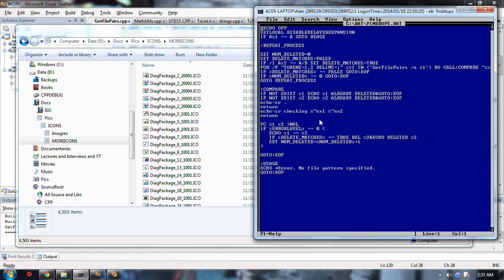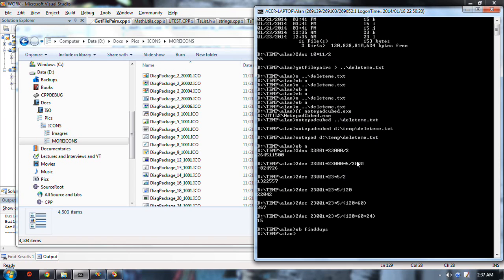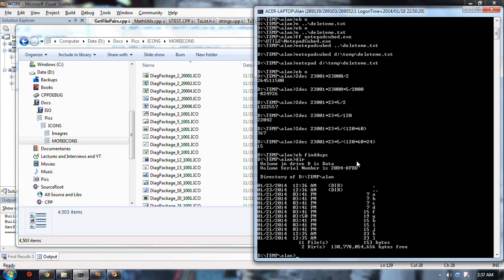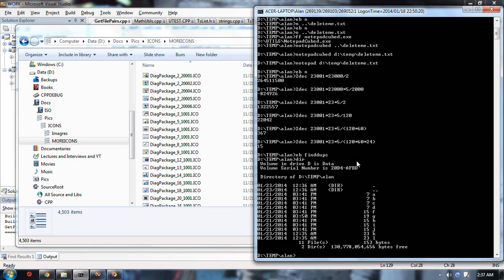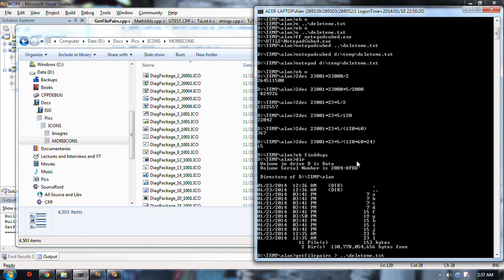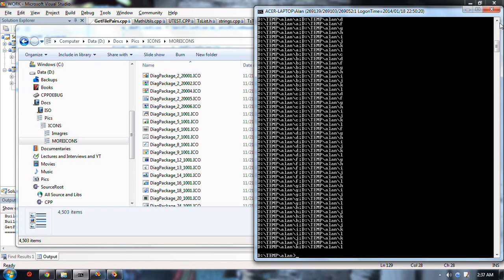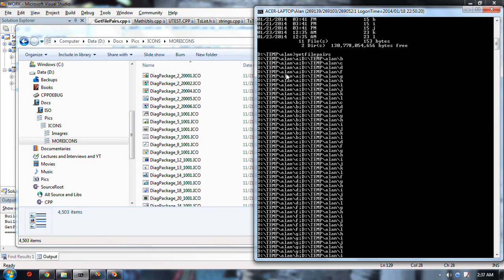if you look at the simple list, find pair, get file pairs. You see the way it goes.